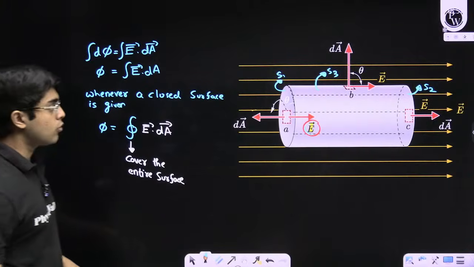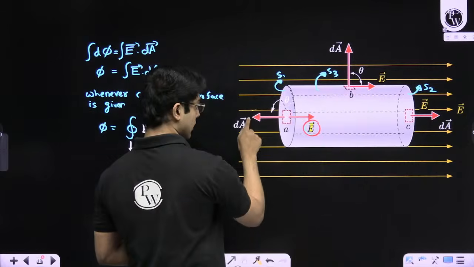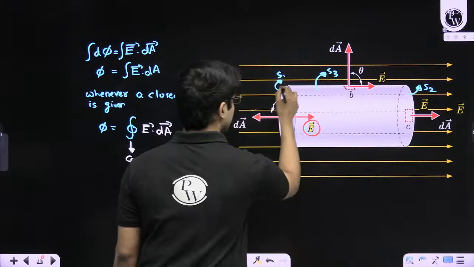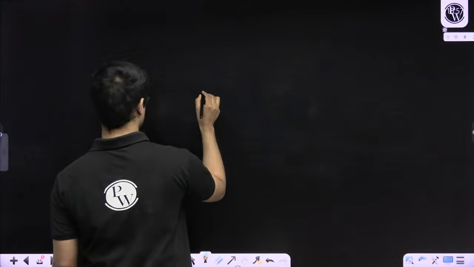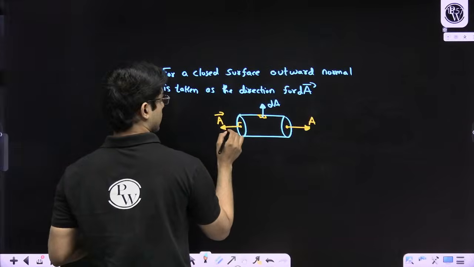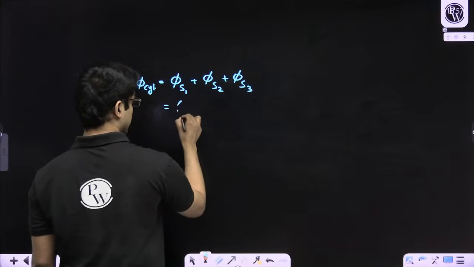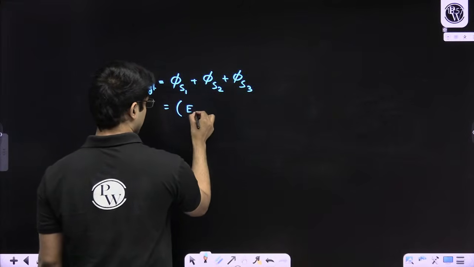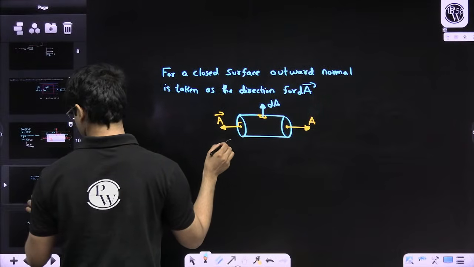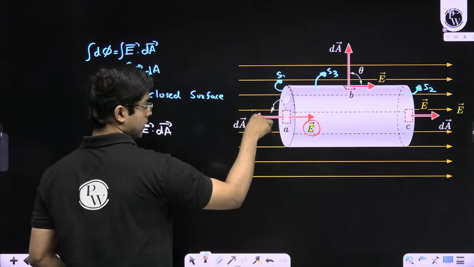So when we are calculating the flux on the S1 surface, the area vector will be to the left and the electric field will be to the right. So flux through S1 will be E into the area of this left circle.